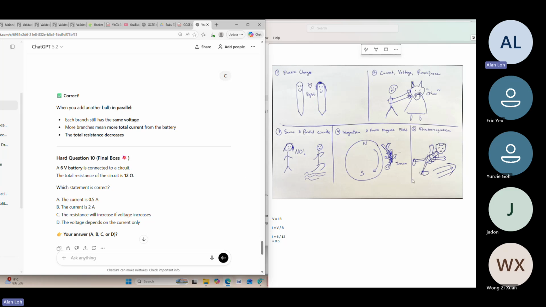For the essay questions, we did some exercise just now. We had Yunjie and Eric explain drawer 1. Explain to me what is electric charges. Then Yunjie explained what is voltage, current, and also resistance. And you guys were able to explain it, right?